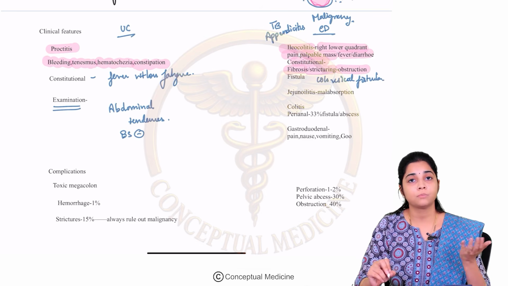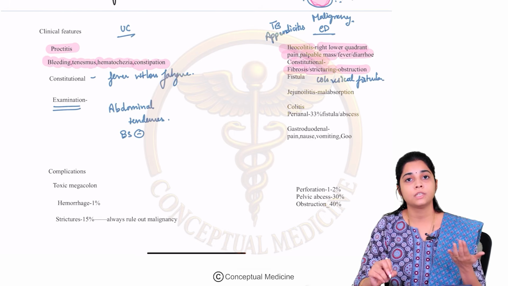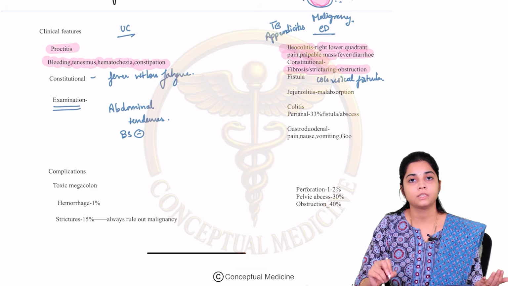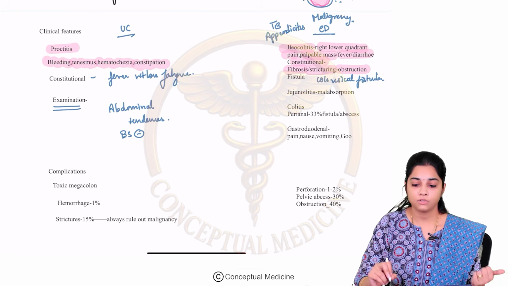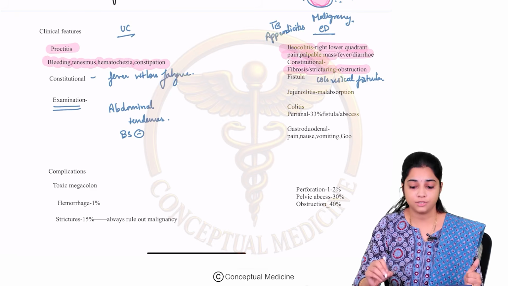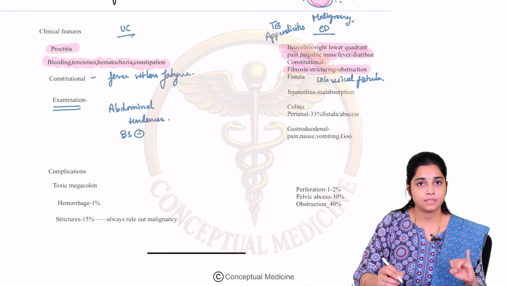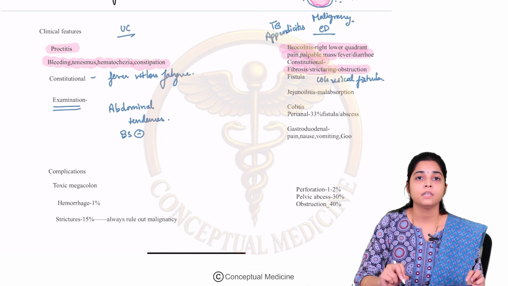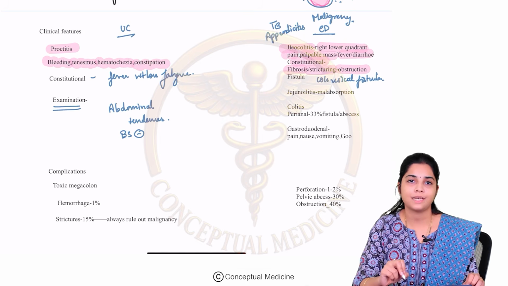So the fistulas can open to the skin, erode into the bladder, the vagina, and the anal canal as well. So the characteristic feature of Crohn's disease is that it can present as a mass per abdomen, it can involve the ileum, and very importantly, it is more prone to fistulas and stricturing.